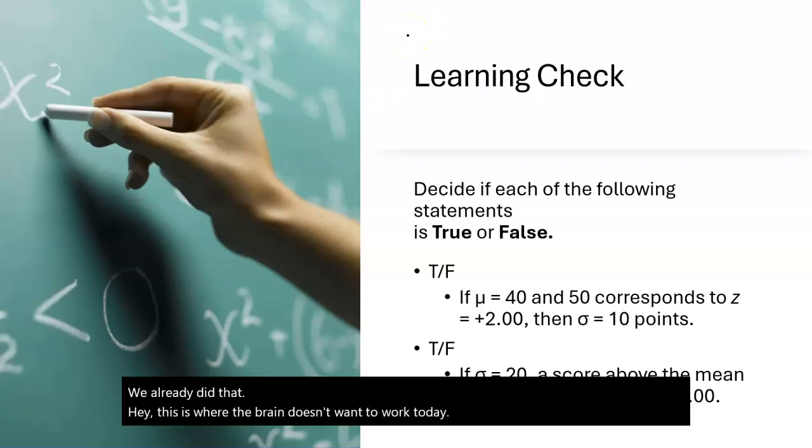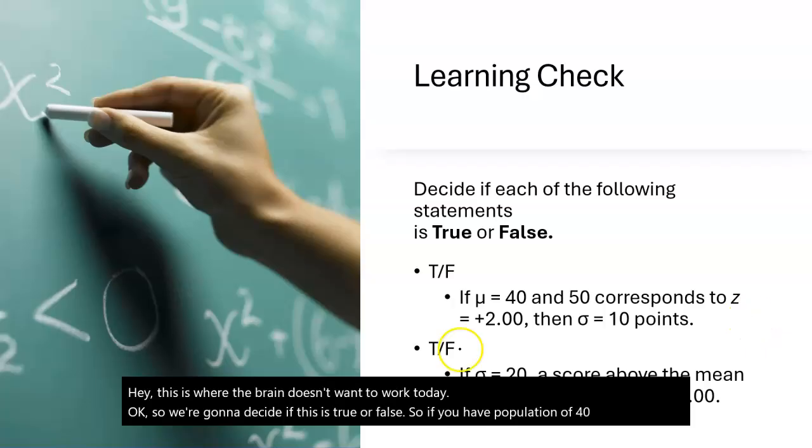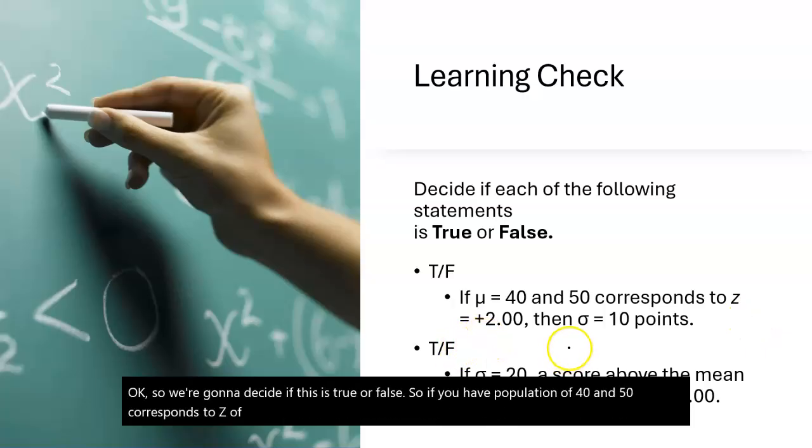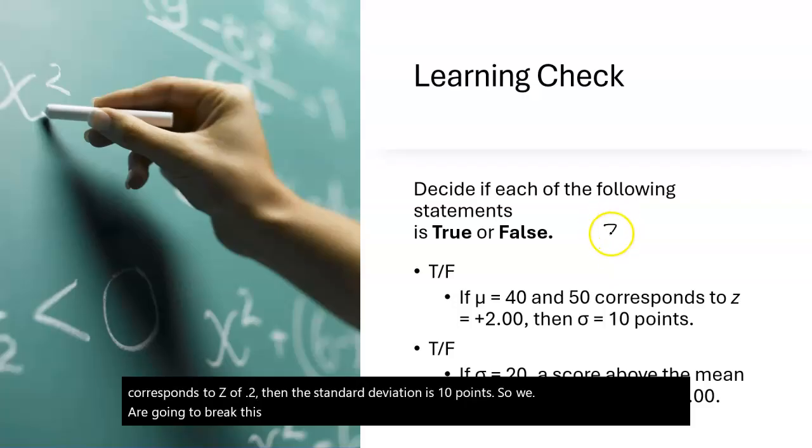Okay, so we're going to decide if this is true or false. If you have a population mean of 40 and a score of 50 corresponds to a z of 2, then the standard deviation is 10 points. So we are going to break this down using our formula for our z-score.